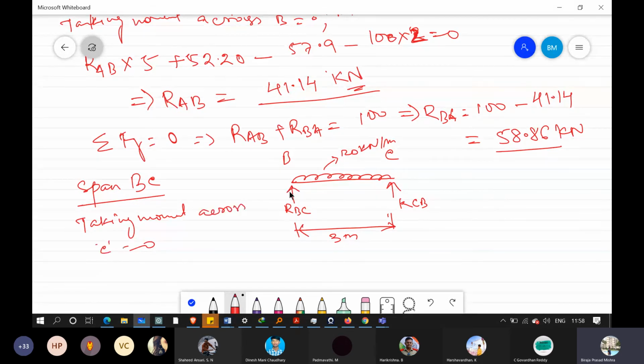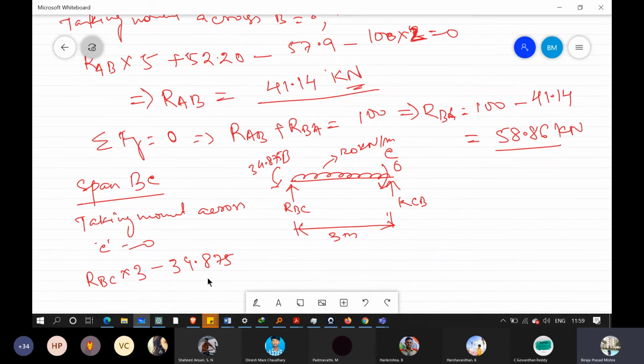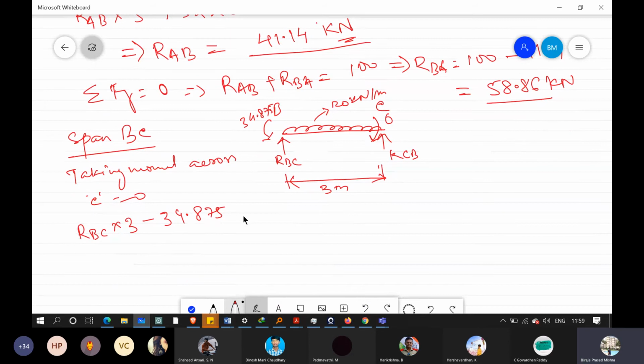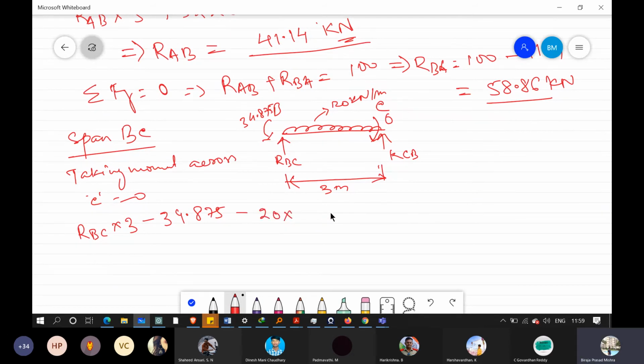So, okay, how much is MBC? It is like this, 34.875, and this one is again 0, we have already calculated. So RBC into 3, then minus 34.875, then again minus 20 into what will be the value?